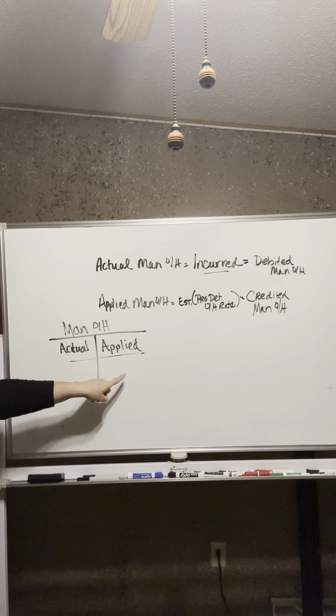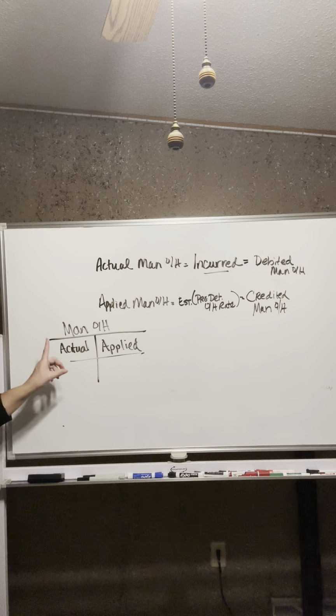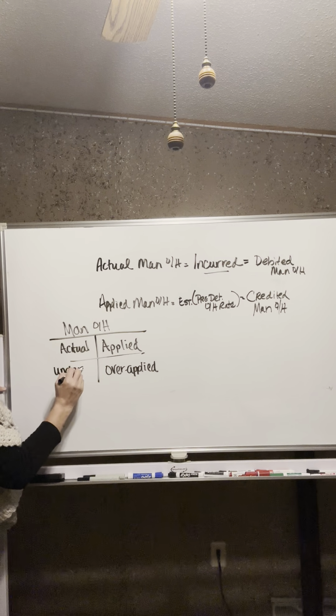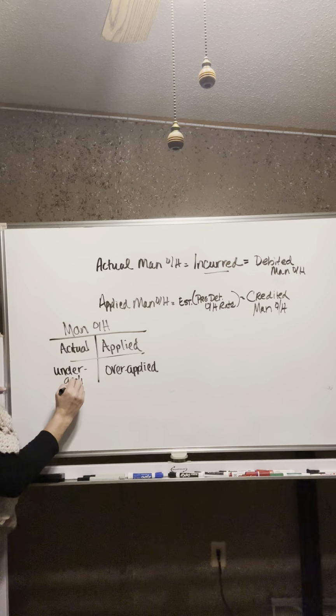If my applied ends up being more than my actual, then I am over applied. If my actual becomes more in the end than what I applied to the process, then I am under applied. Know for the test that if I am under applied, I did not put enough in the process.